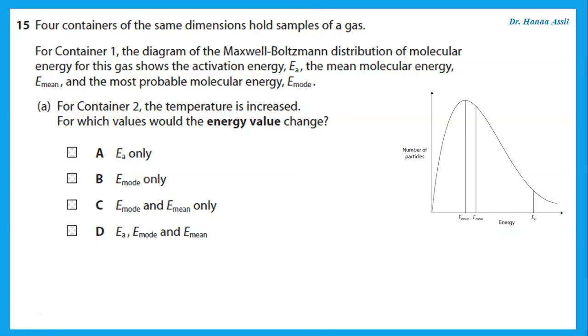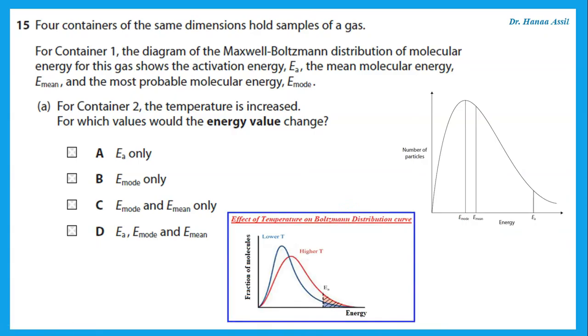Now, when we increase the temperature, what happens to the Maxwell-Boltzmann distribution curve? Remember, increasing the temperature means all molecules gain kinetic energy, so all the molecules will have higher energy than what they started with. But the total number of molecules is still the same. So if the molecules have higher energy, that means the curve shifts to the right, and the total number of molecules is still the same, then the peak has to go down.